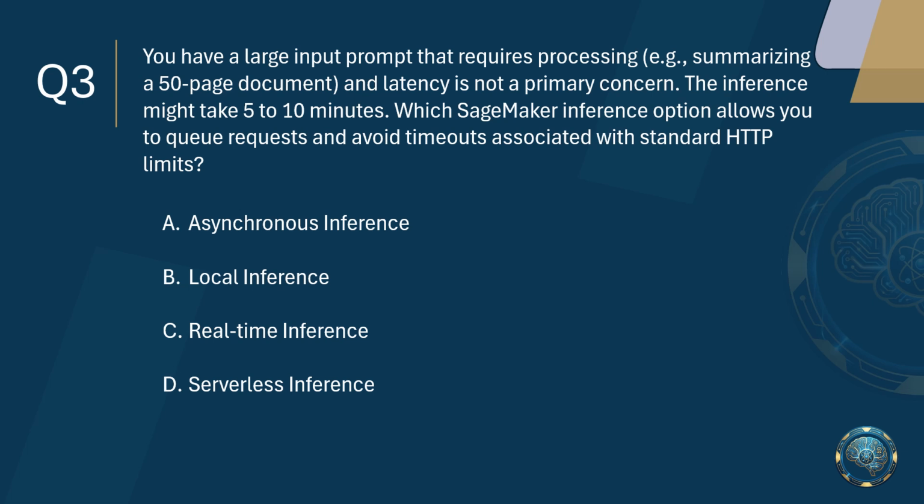The first keyword in the question is large input prompt that requires processing. Summarizing could be the next keyword. Latency is a definite keyword for you. Queue request is another keyword, and avoid timeout associated with the standard HTTP limit is another keyword. So we have enough keywords to process.